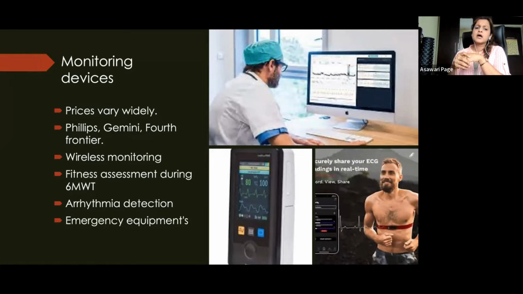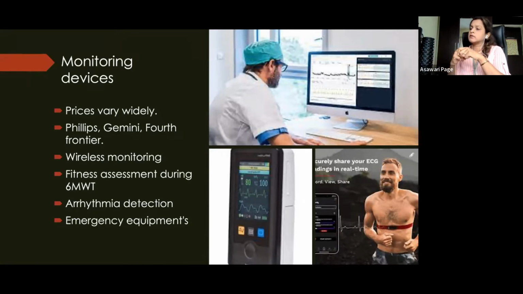So Philips, Gemini, Fourth Frontier. These are wireless monitoring devices. And since they are wireless, you can have a fitness assessment even during the 6-minute walk test if you are conducting one. It also has an arrhythmia detection sensor, and it's connected either to a computer screen, or the latest ones are app based.